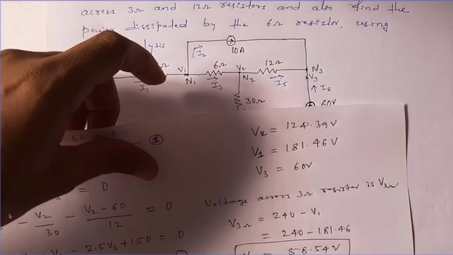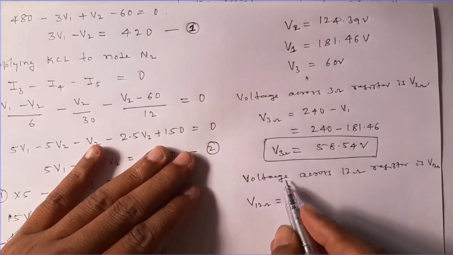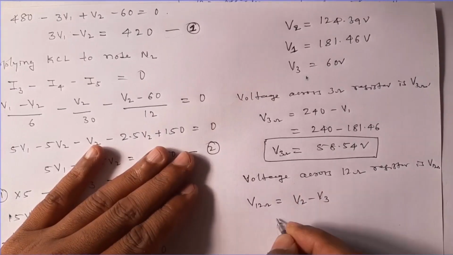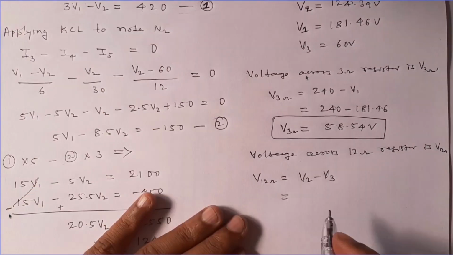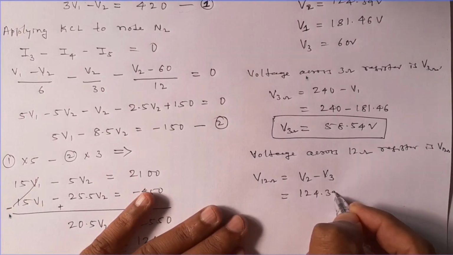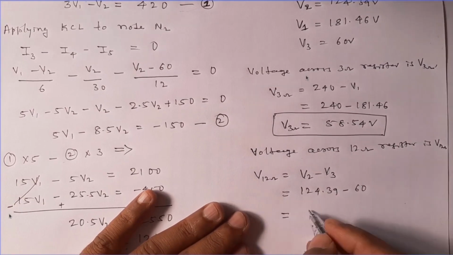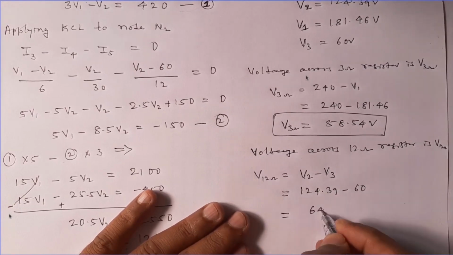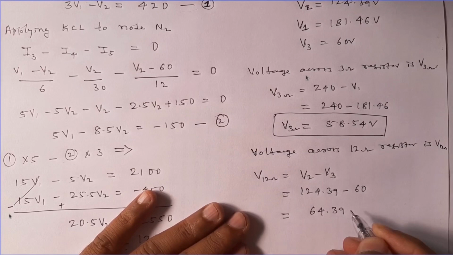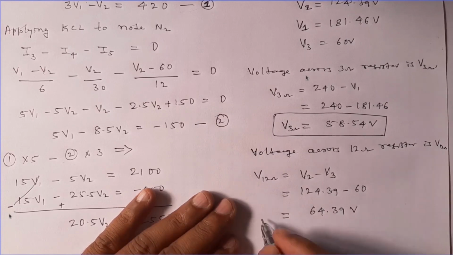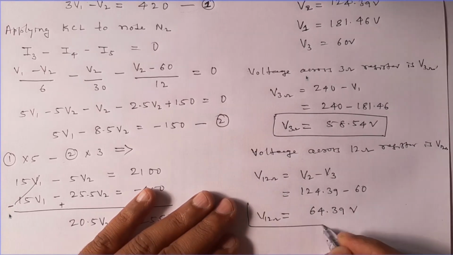V2 is 124.39 minus V3, which is 60, so it is 64.39 volts. That is V12 ohm.